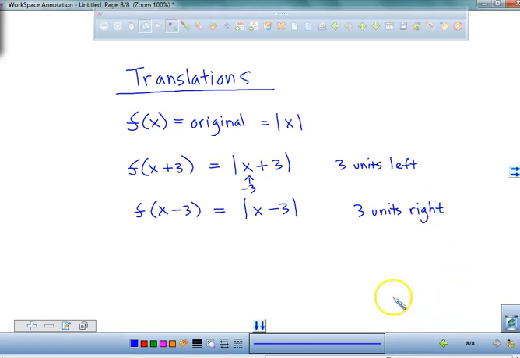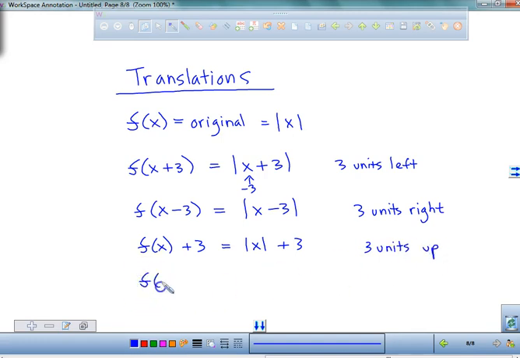Okay. So what do you think f of x plus 3 would be? That would be the absolute value of x, and then what am I going to do to it? I'm going to add 3. So what do you think is going to happen to this graph? Is it going to go up 3? Yes, it's going to go 3 units up.